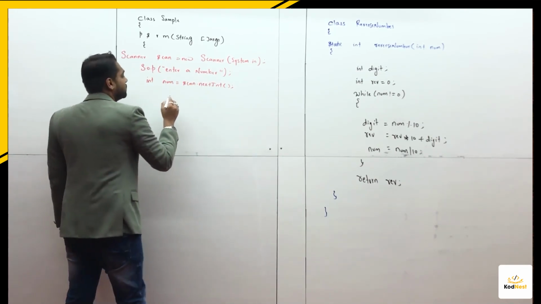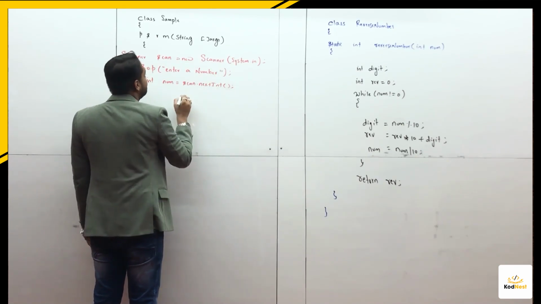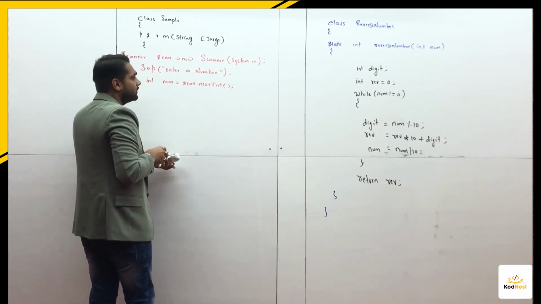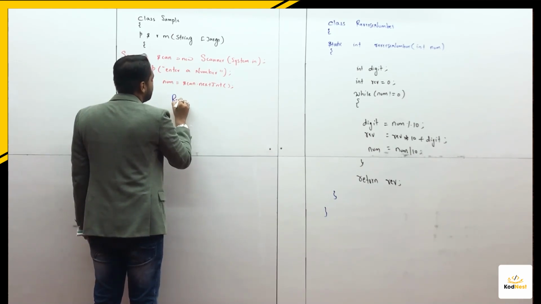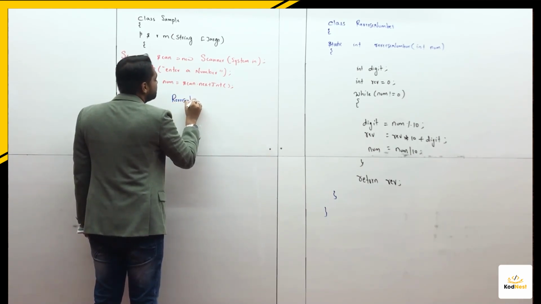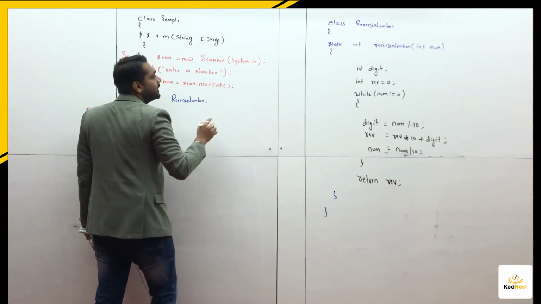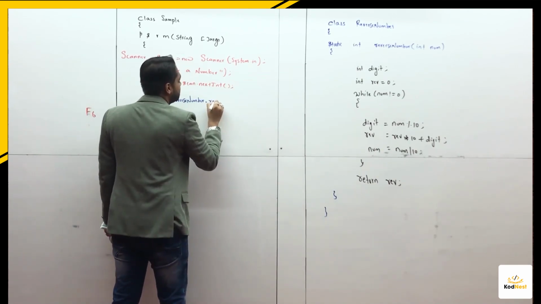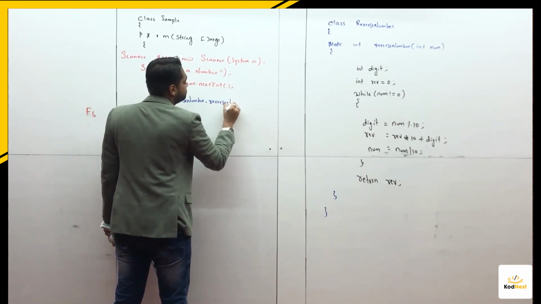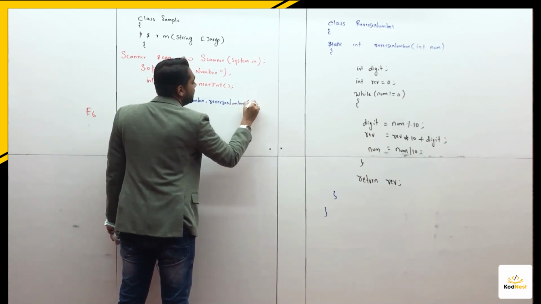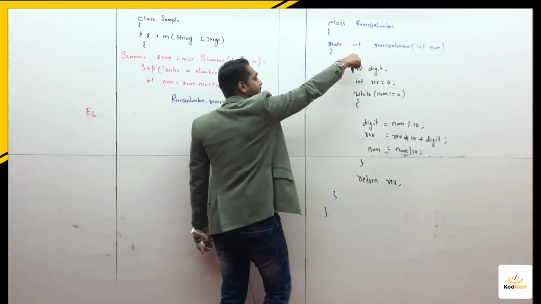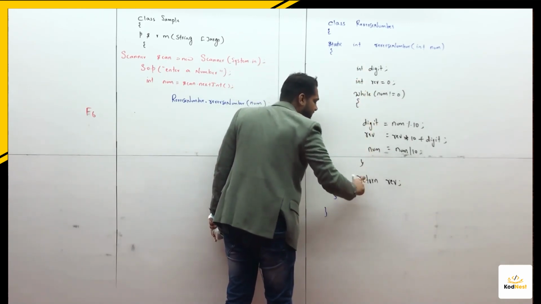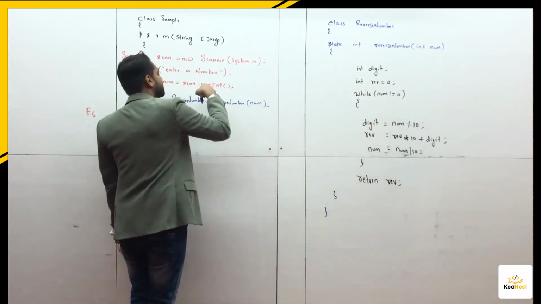Now I will call that method like this: ReverseNumber dot, using the class name, ReverseNumber dot reverseNumber, and I will pass that number. Control from here will go to wherever the body of the method is written, execute all these lines of code, and bring me that reverse number.